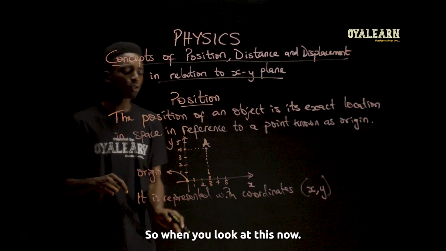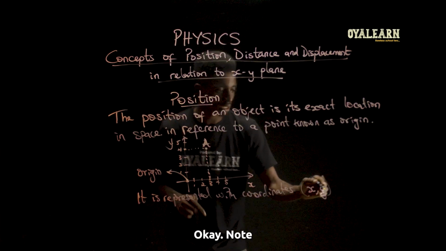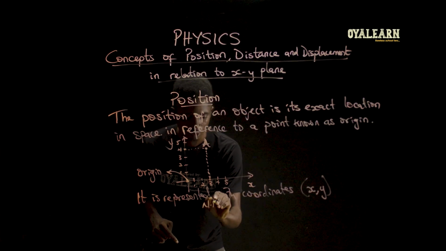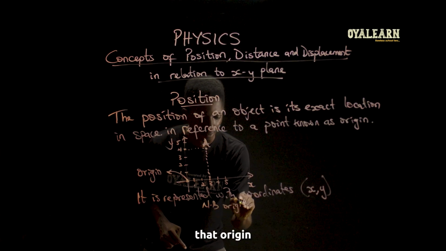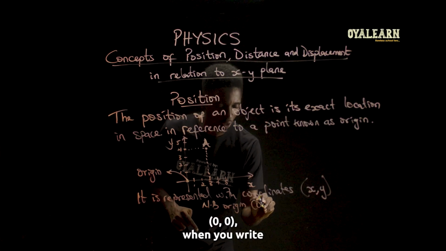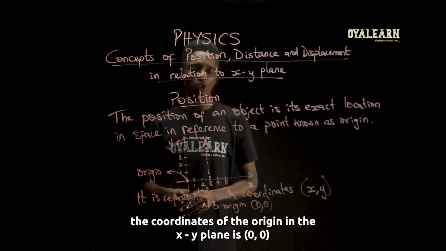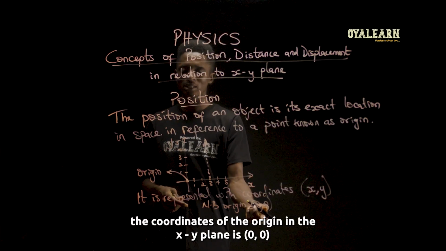Note that the origin on the xy plane is denoted as 0, 0. When you write the coordinate of the origin in the xy plane, it is 0, 0.